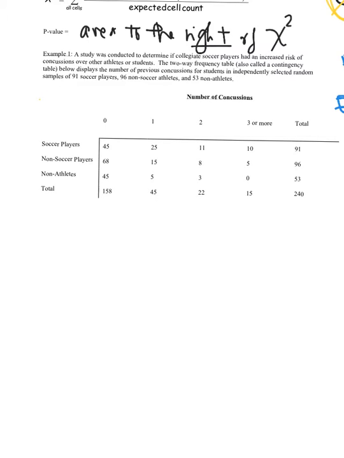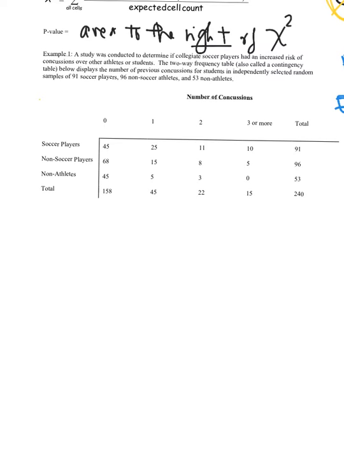They want to see if the distribution of concussions is the same across these 3 groups or if it's different. So we're going to start with our null and alternative hypotheses.